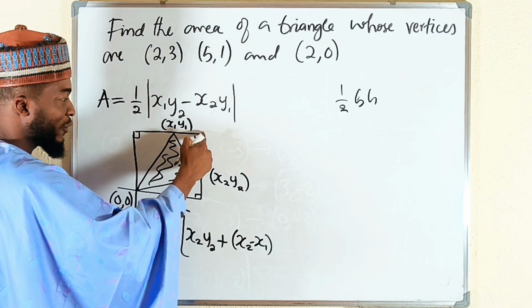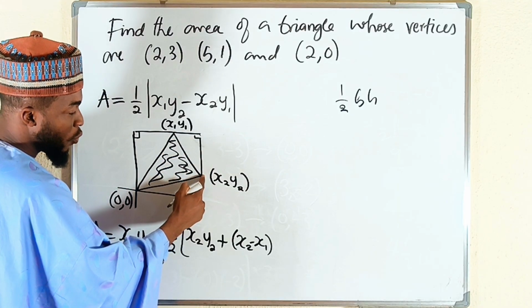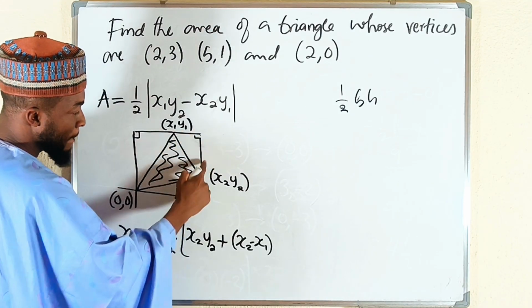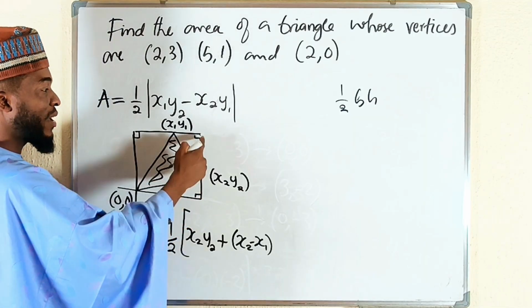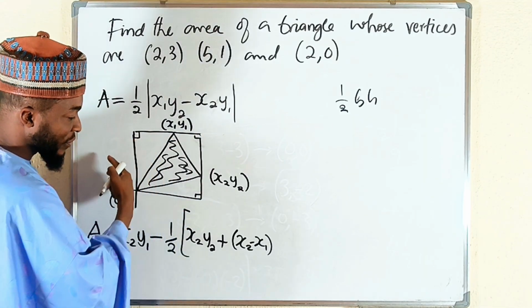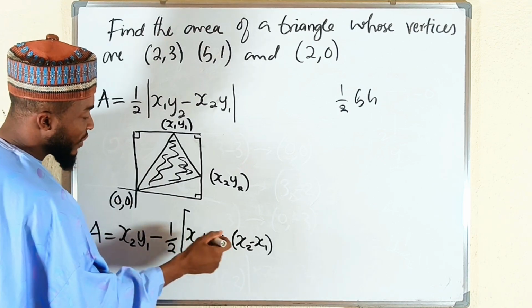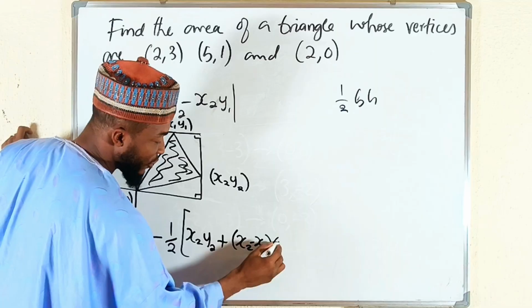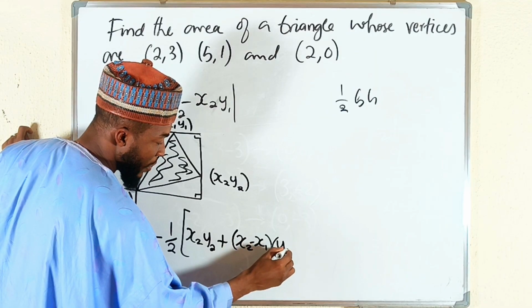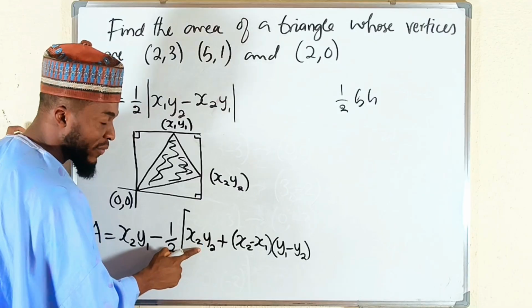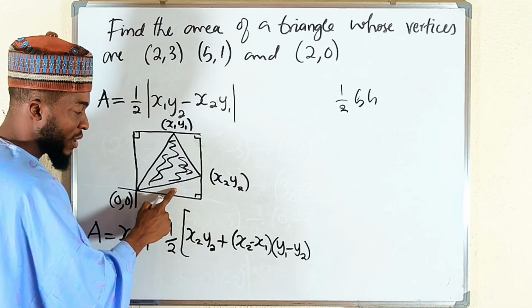Then we need to find also from here to here, y1 minus y2, because you have to start from the top to bottom, from right to left, right? So this is going to be multiplied by y1 minus y2. This is the first triangle, which is this one.